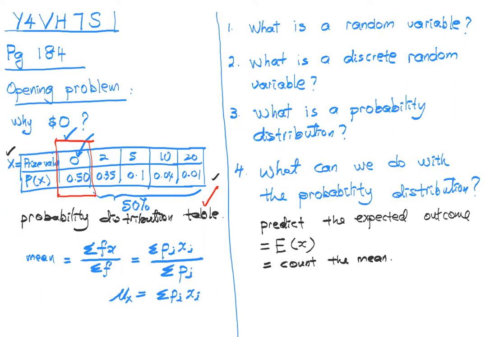Zero. So you go to stat. Everyone should know. Edit. L1 is your X, L2 is your probability.